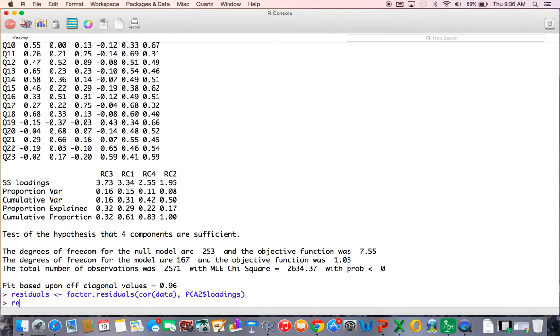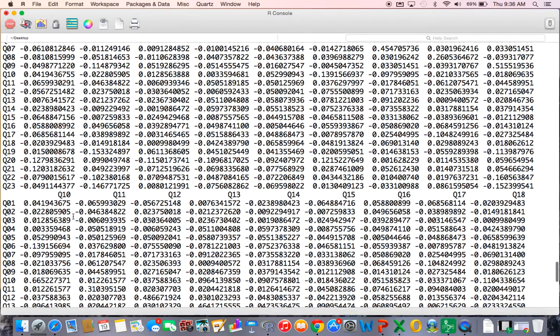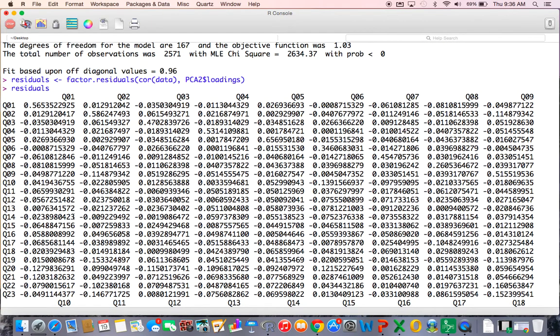And if this kind of stuff turns you on, you can look at your residuals. I think they absolutely drive you insane because there's so much going on. And again, if I ask you in a test question, what's that 0.56 tell you? That's just the difference between the residuals from our original data, retaining all the components, and the residuals retaining 4 components.